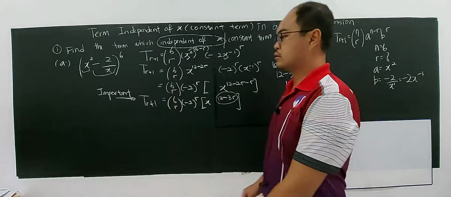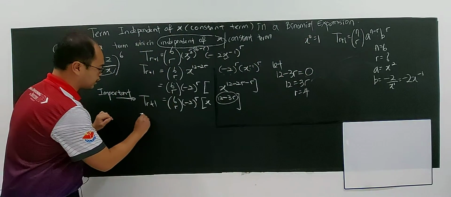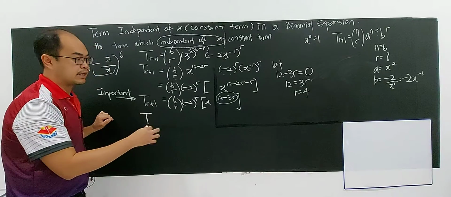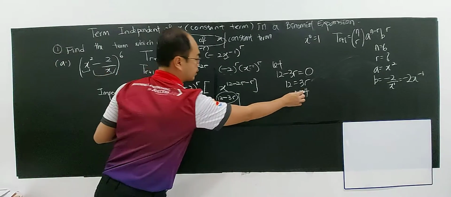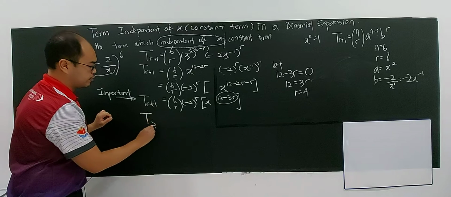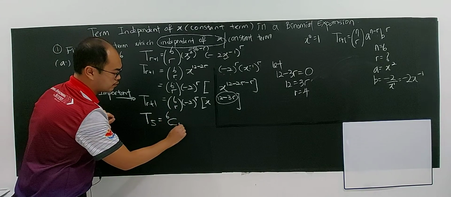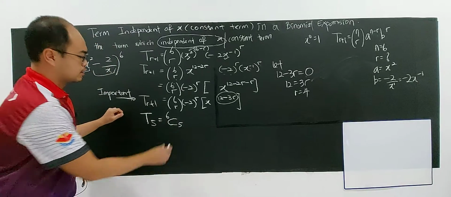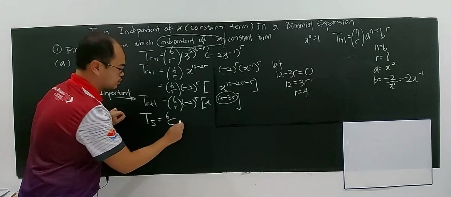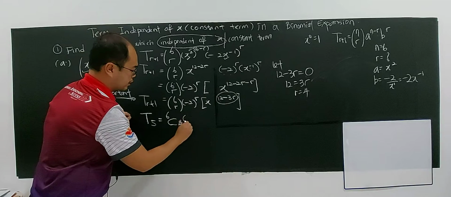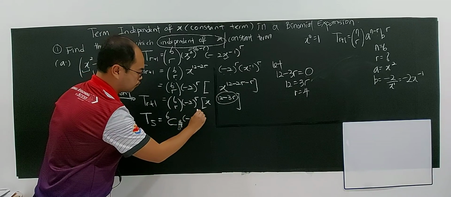So what is the constant term, the term independent of x? It is the 4 plus 1, the fifth term, which is 6C4, since r is 4, times negative 2 to the power of 4.